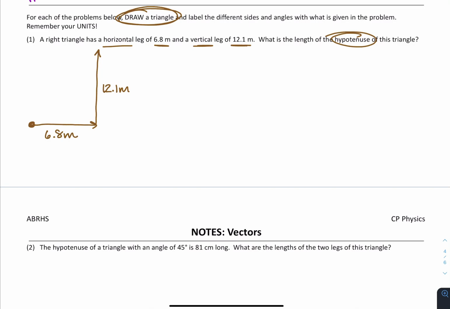And our hypotenuse is going to connect those two right here. So these are both distance values, so we'll be looking for the hypotenuse in terms of distance. This would be our angle theta, and here's our right angle. So this is going to be looking for the resultant.